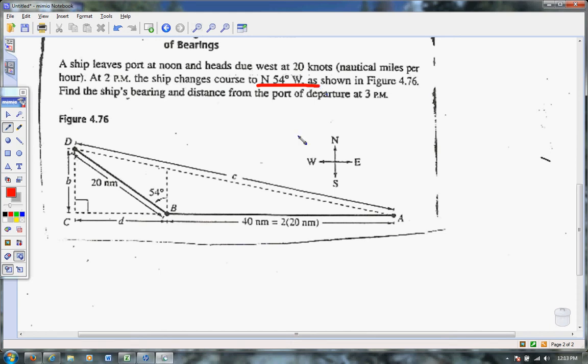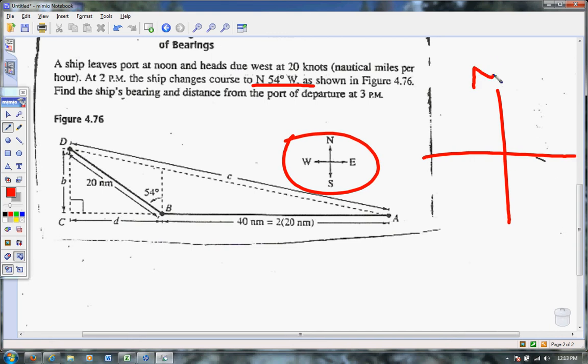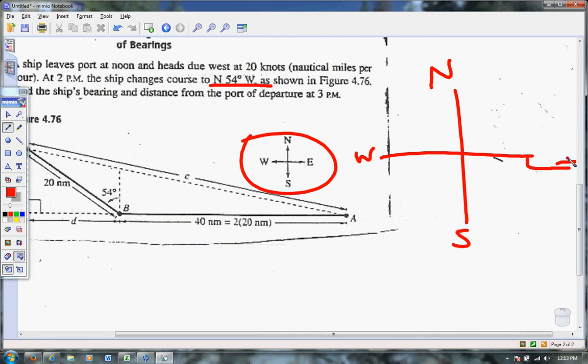Well, right here you see our old friend the compass, okay? And what that means is that if I have north, south, west, and of course east is over here. Let me make this smaller. It's messing up.